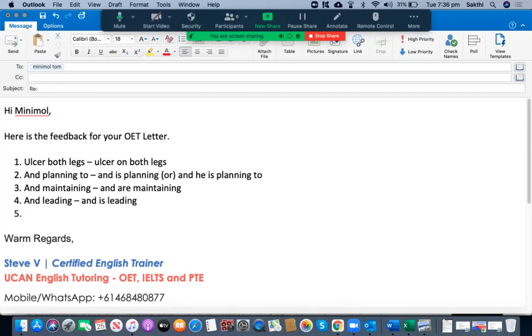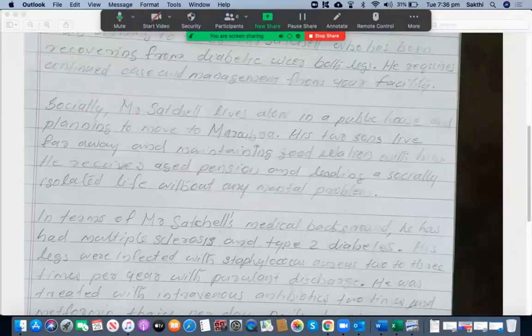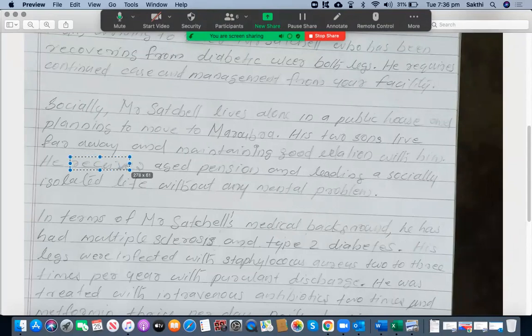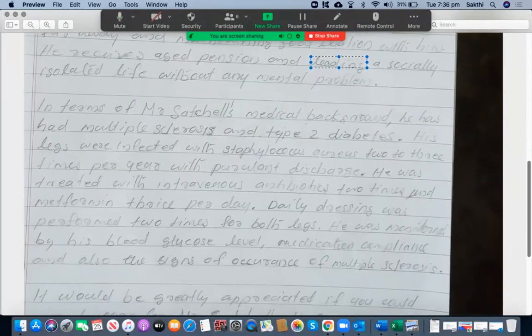If you write "leads", the present verb here, then it is correct. For example, he receives aged pension and leads a socially isolated life, that's good, because the verb is in the same form. But here it is verb plus ing, and the other is verb plus s only. So that's wrong. Both of them are different.